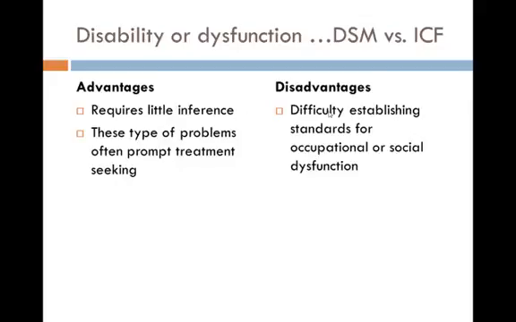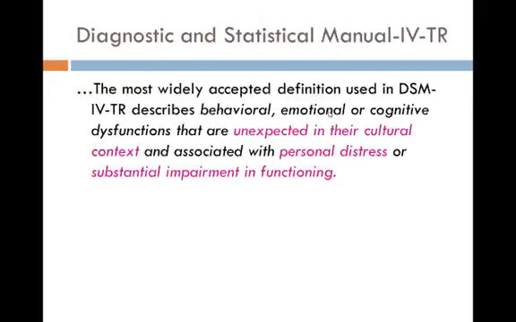At this point of our discussion, we'll segue into a greater understanding of the DSM, particularly the DSM-4 TR. What is important to recognize is that the DSM, the Diagnostic and Statistical Manual, is the most widely accepted definition used to describe behavioral, emotional, or cognitive dysfunctions that are unexpected in one's culture, as well as it relates to one's personal distress or substantial impairment in functioning.